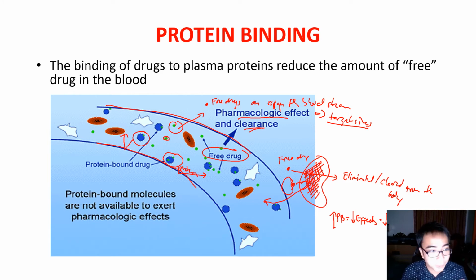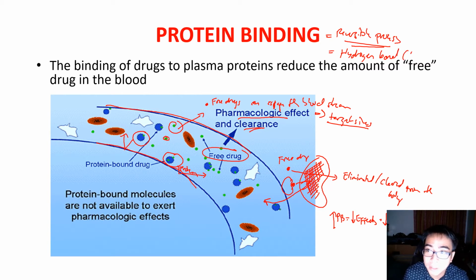Remember, class, that protein binding is a reversible process. Okay? Ibig sabihin, makes sense naman, diba? Reversible siya. So, therefore, class, what type of bond exists between a drug and a protein? Oftentimes, class, the bond that exists between a drug and a protein is a hydrogen bond. Because hydrogen bonds, class, are reversible.